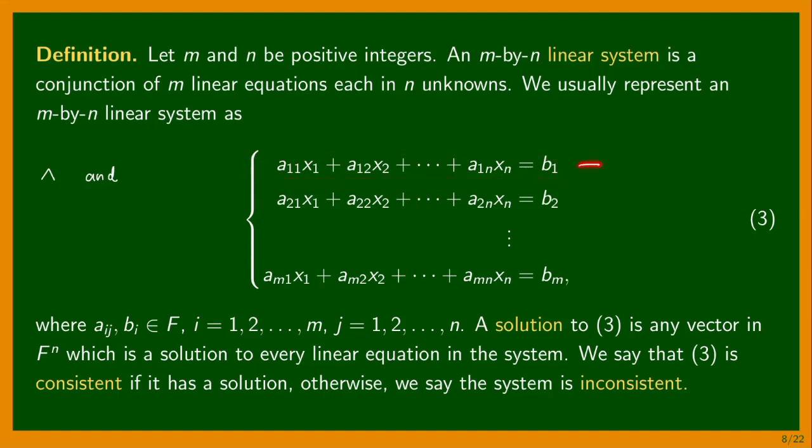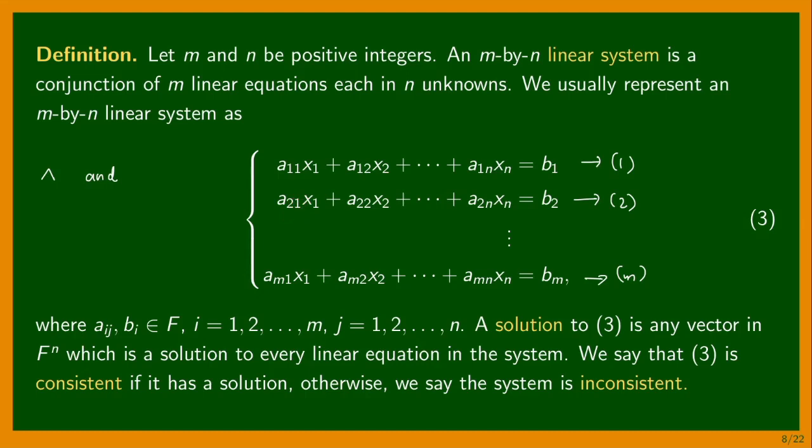For example, this is equation 1, this is equation 2, and this is equation m. Then each of these coefficients, because the first subscript is 1, belongs to the first equation. The second subscript, on the other hand, represents the subscript of the unknown. As you can see here, for example, a21 is the coefficient of x sub 1 in the second equation because the first subscript is 2.